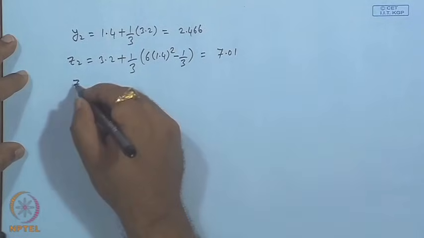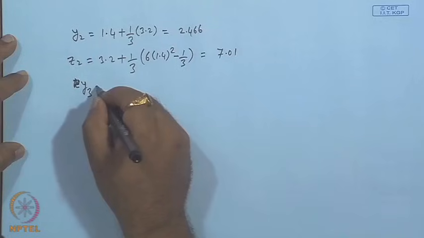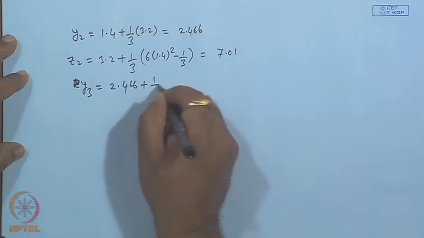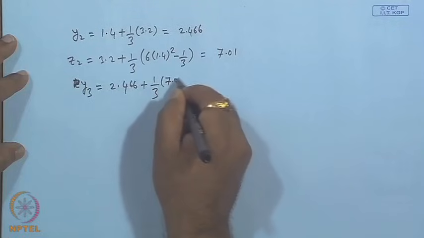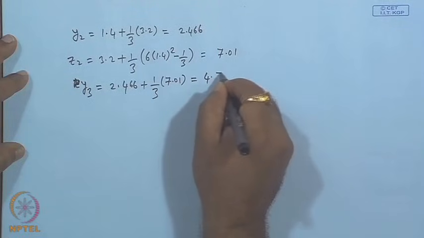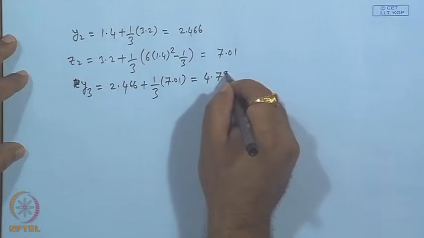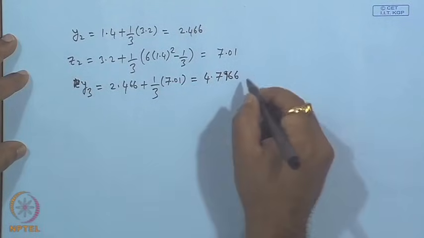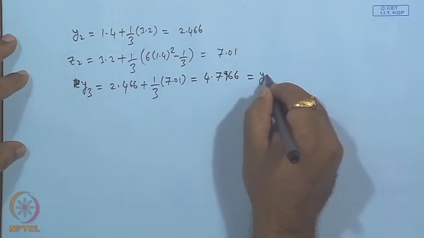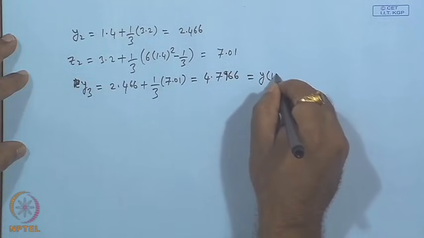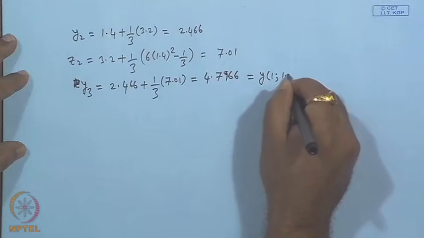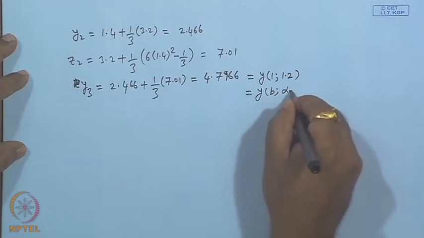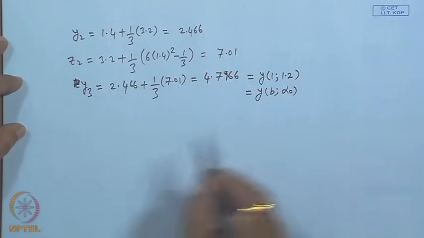So, z 2, then y 3 is y 2 plus h z 2. So, we get y 3. So, this is y at 1, that is y at b, alpha 0.